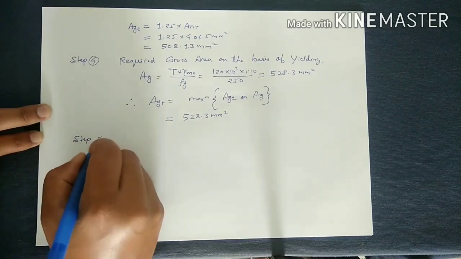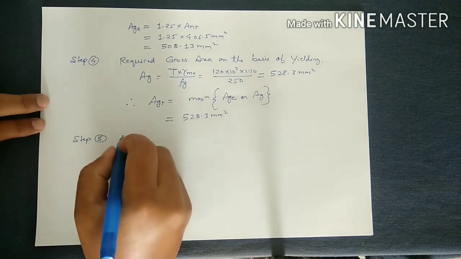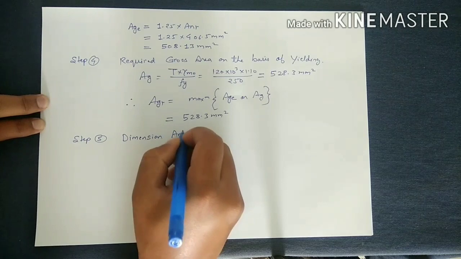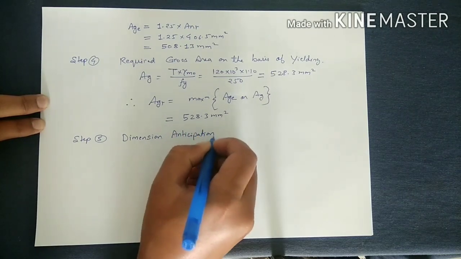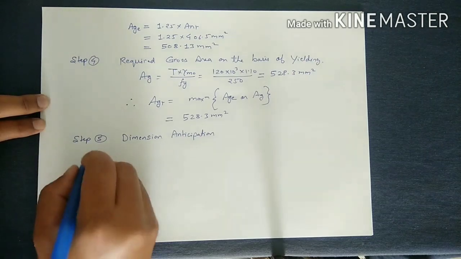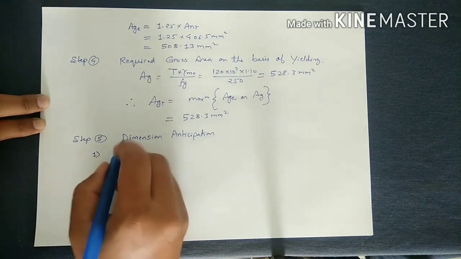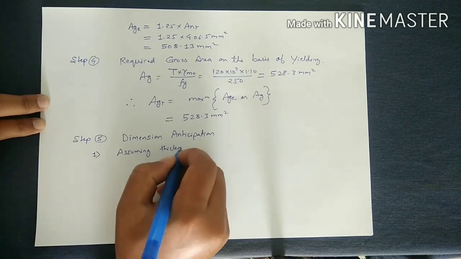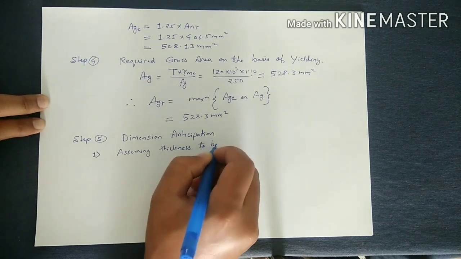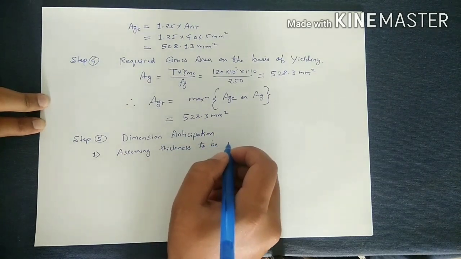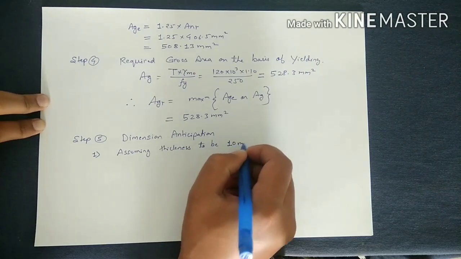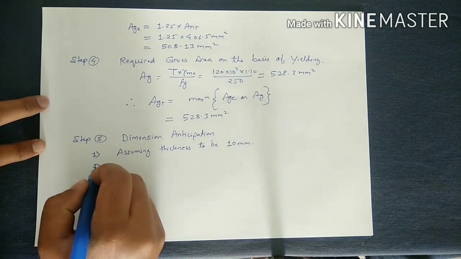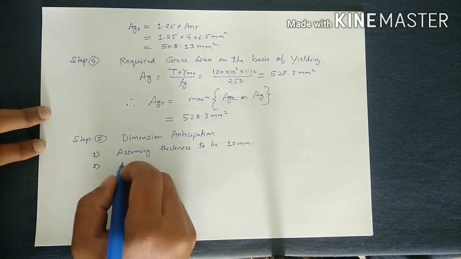Step number 5, that is dimension anticipation. So first assume the thickness. I am assuming the thickness to be 10 mm. Now calculating the width of the plate.